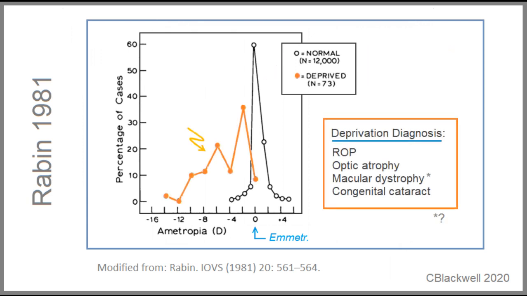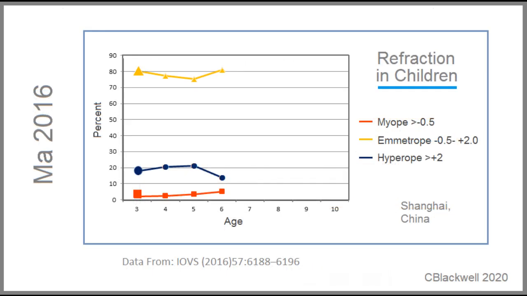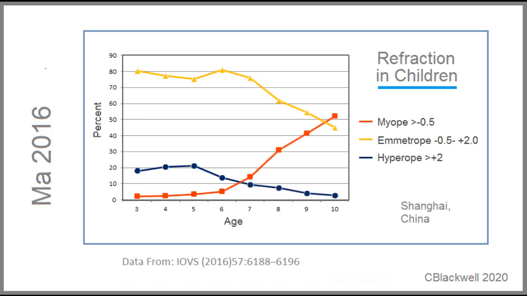However, when pathology interferes with the process of emmetropization, the result is a wide range of myopia. However, looking at the population as a whole can be misleading. Looking closer at refraction in childhood, at the end of early development, emmetropia dominates, but around age 6, something changes and myopia starts to increase.